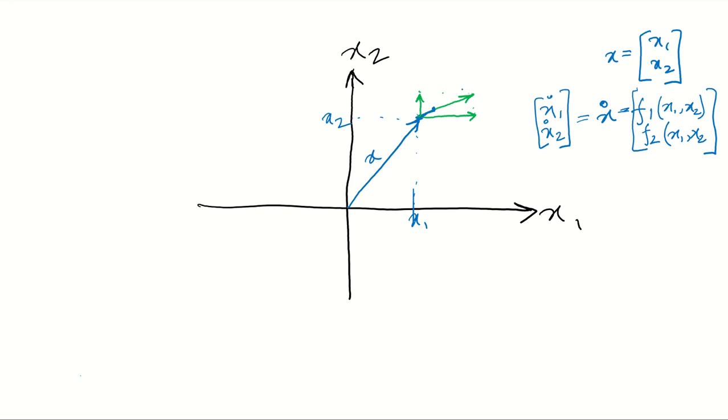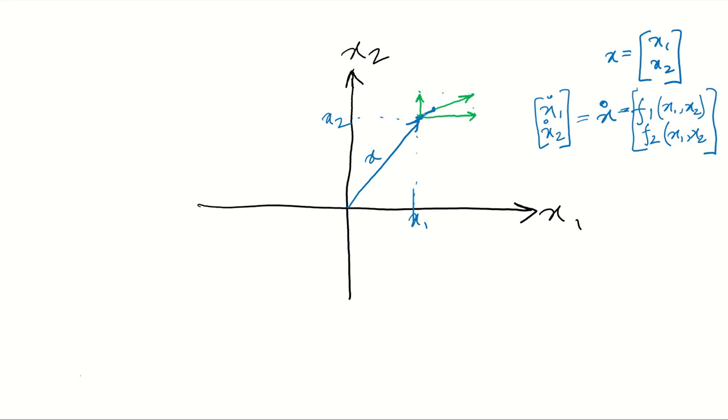By tracing the velocity directions, you can plot the entire trajectory starting from any initial point. From any initial conditions, you will be able to trace the entire trajectory of the system, because you know what x dot is. That is the model. From the model you are getting x dot.